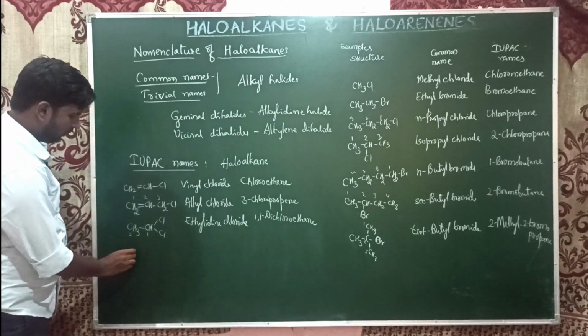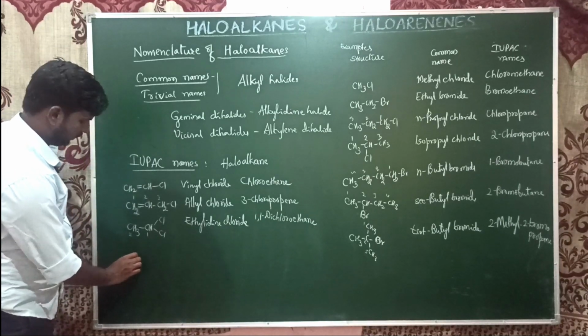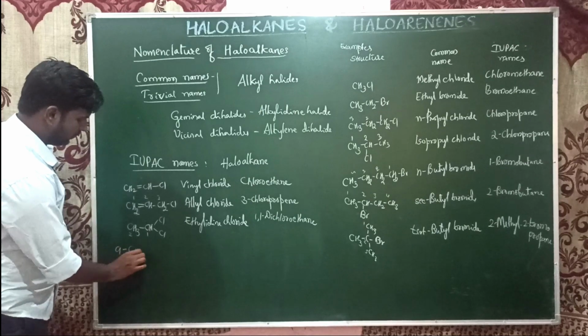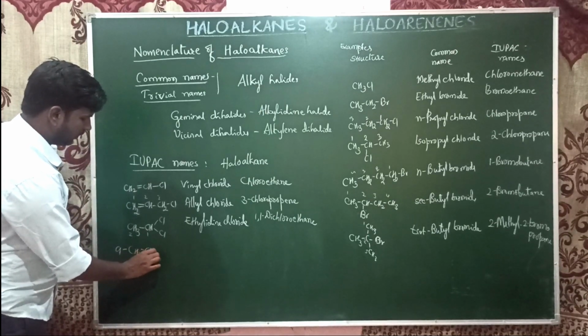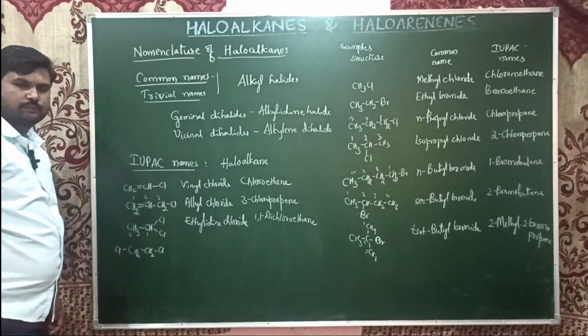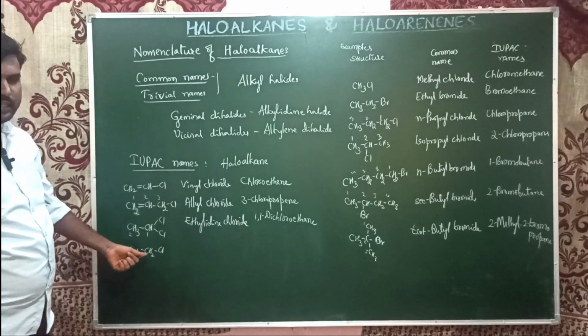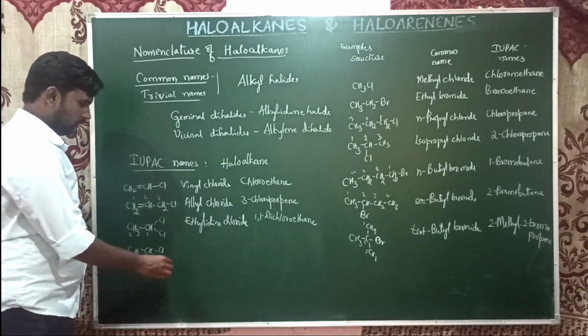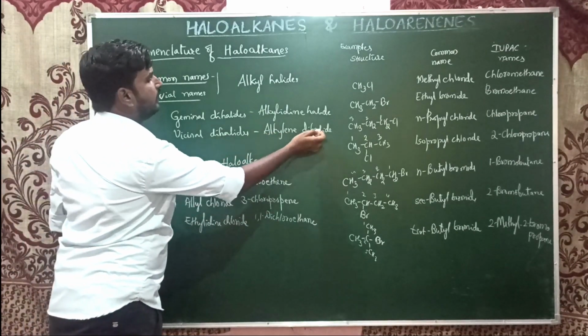So when it comes to the vicinal, for example, Cl, CH2, CH2, Cl. It is a vicinal. Adjacent carbon has the 2 chlorides or halogens. It will be like alkylene dihalide.